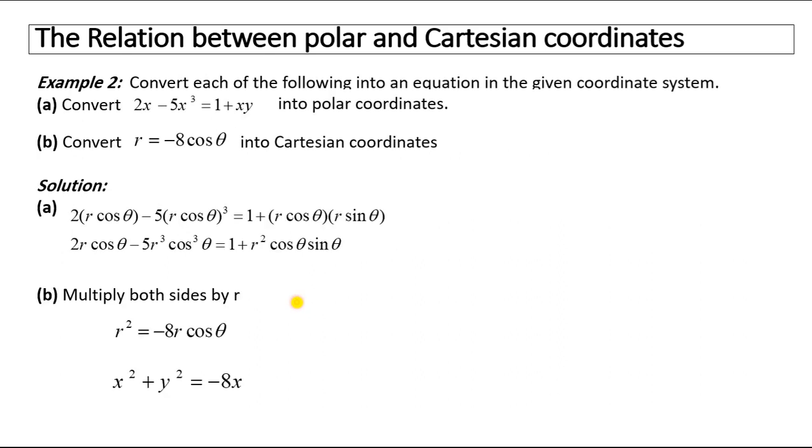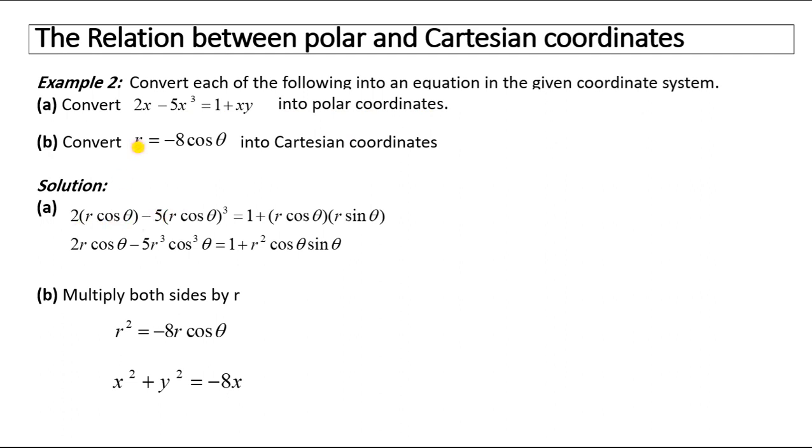Now I want to convert an equation in polar to an equation in Cartesian, and the opposite. I convert 2x minus 5x cube equal 1 plus xy into polar coordinates. Solution.